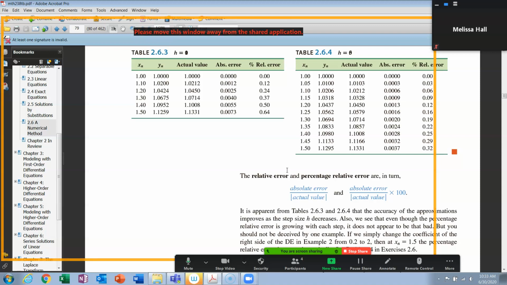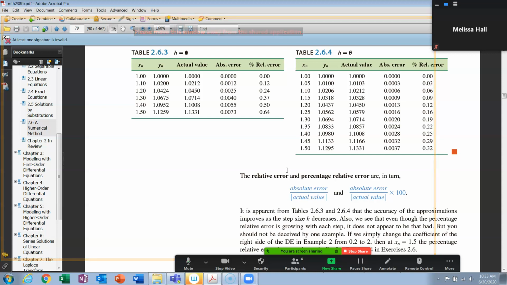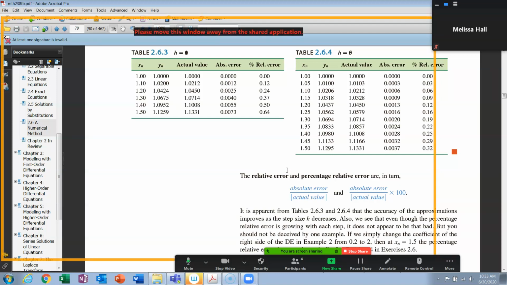I think they have the absolute value bars in the wrong place. But anyway, that's why they call it absolute. The error in a positive sense divided by the value in a positive sense is the relative error, and the percentage relative error is you write it as a percent.